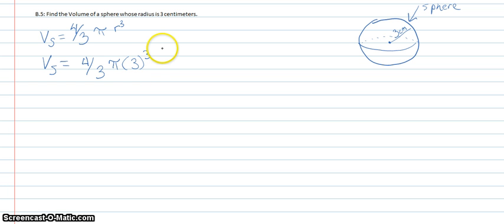Okay, so 3 cubed is 27. And then we multiply 27 times 4, we get 108. And then when we divide 108 by 3, we get 36.